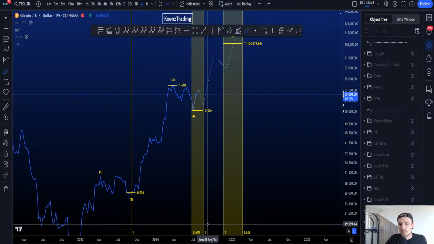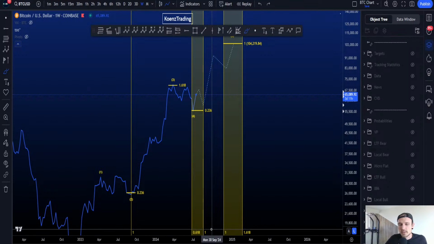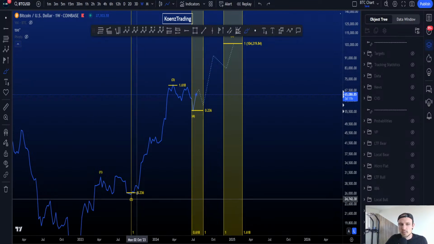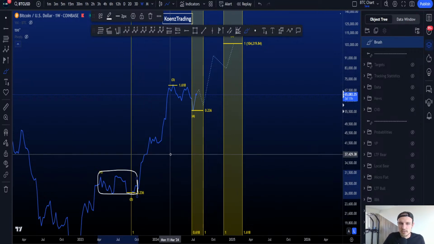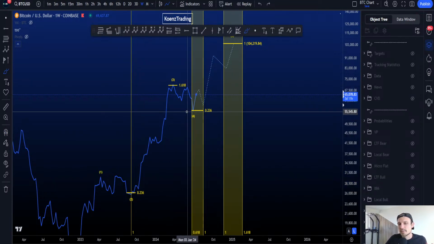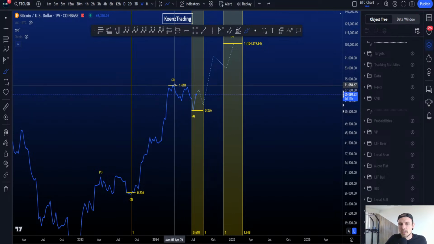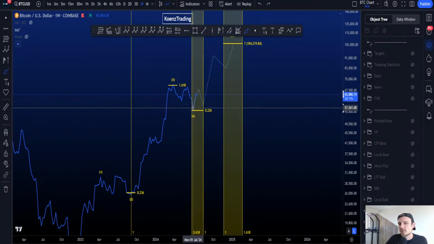Most commonly a wave 4 ends after the 1-to-1 though, as a wave 4 typically is longer than wave 2. But because wave 2 here was a very sideways shallow corrective structure, a wave 4 does have a little bit higher probabilities to be a sharper structure, and sharper structures generally are a bit shorter in time. So this is something we have to keep in mind.